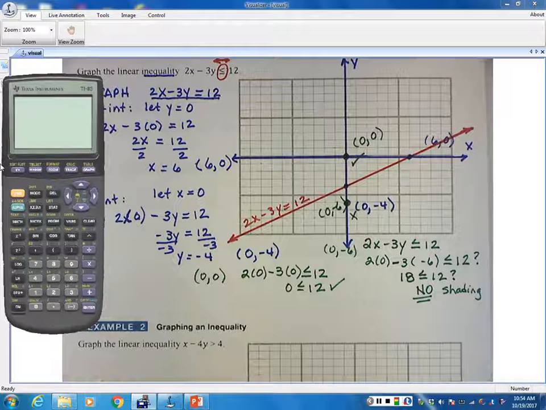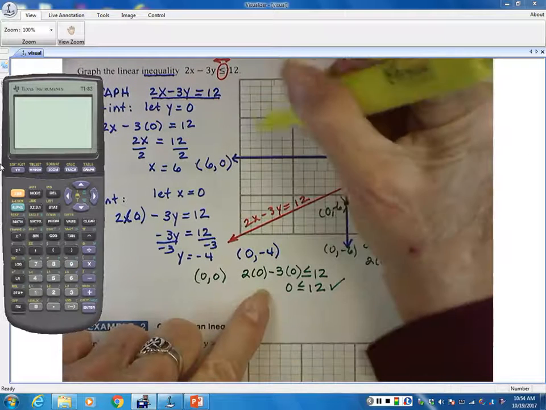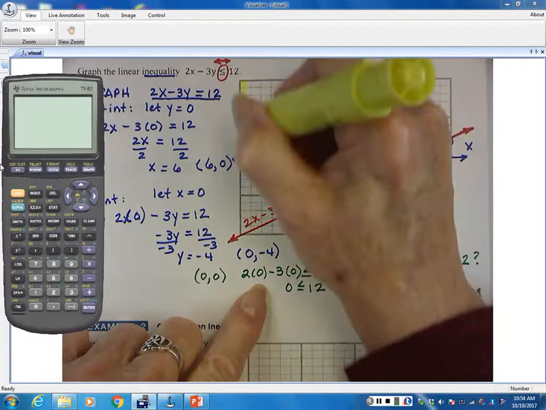And that means that when I get ready to shade, you may want to get yourself a couple of highlighters for this chapter. When I get ready to shade, I'm going to shade on this side.